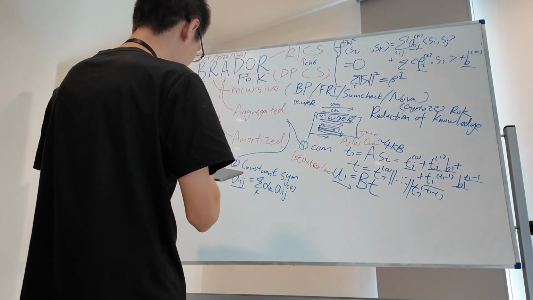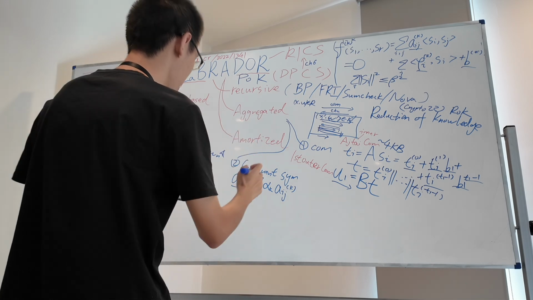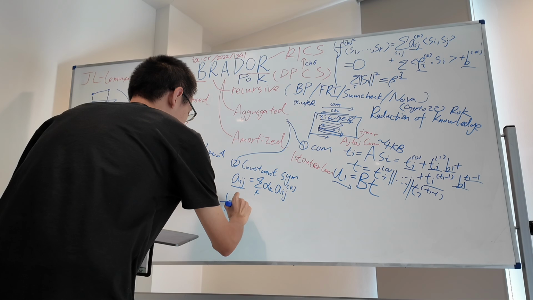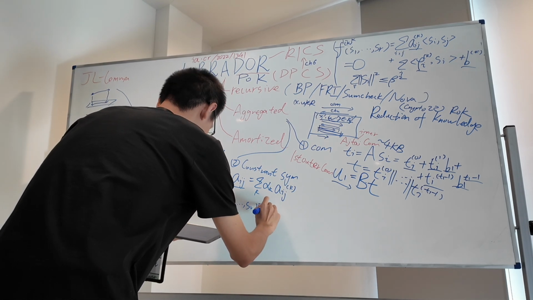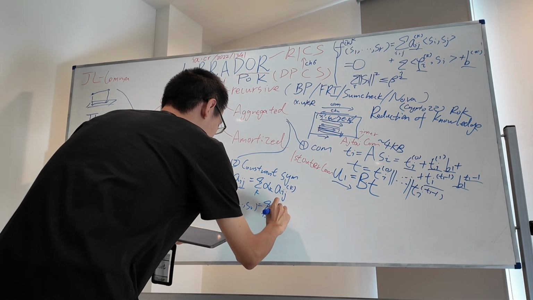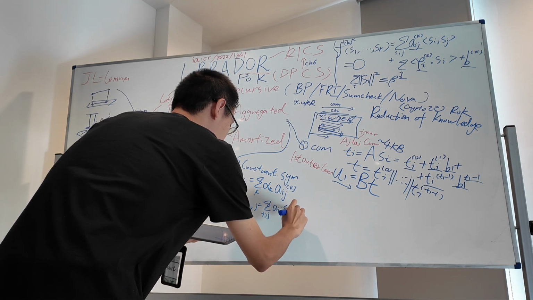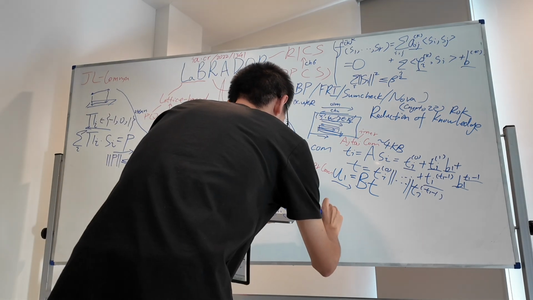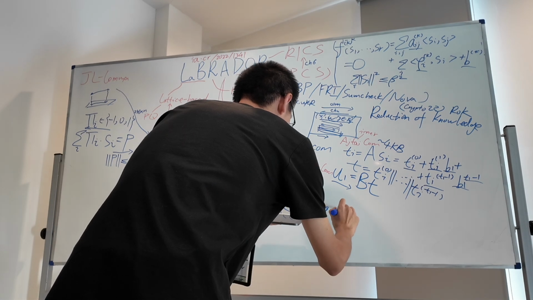So the aggregated constraint will be something like this one, over S1 to SR, Aij, phi i.